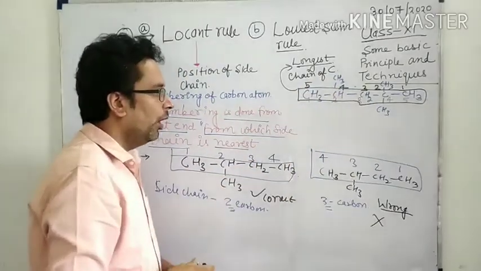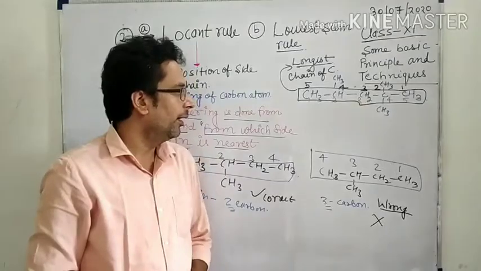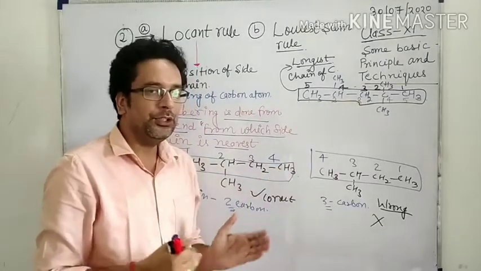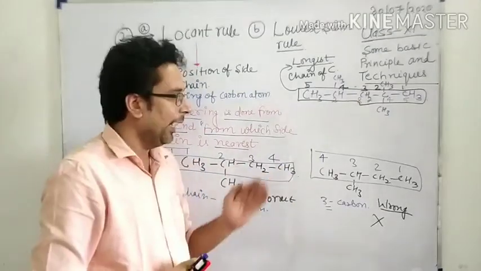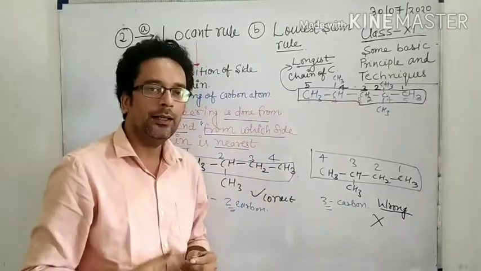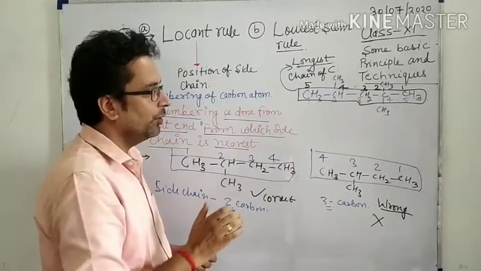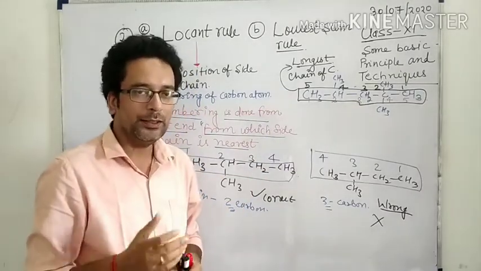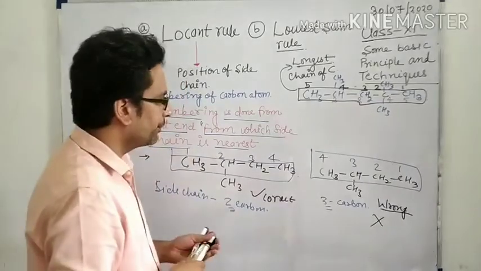So which one is the correct numbering, from the left side or the right side? Here we follow the lowest sum rule. What is the lowest sum rule? Look here.